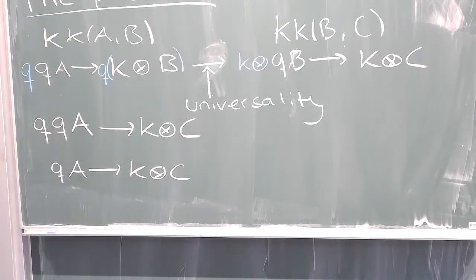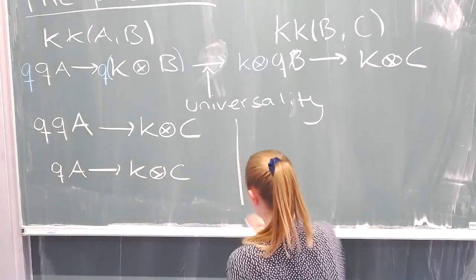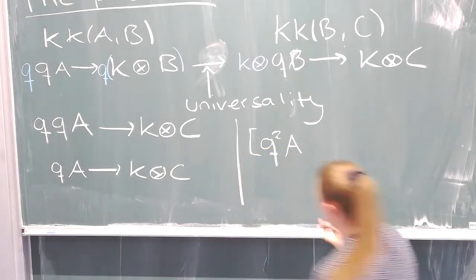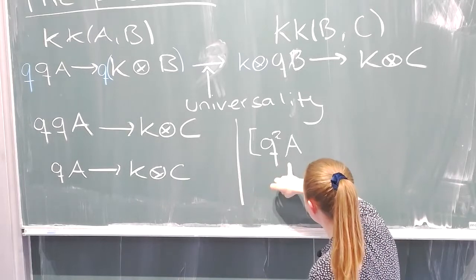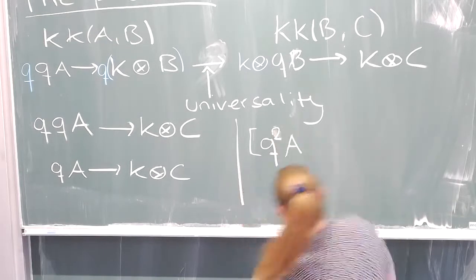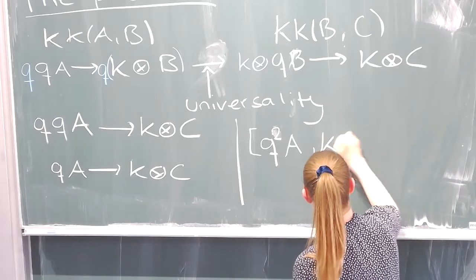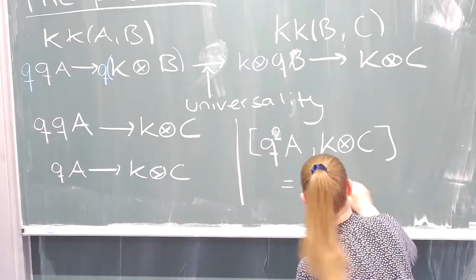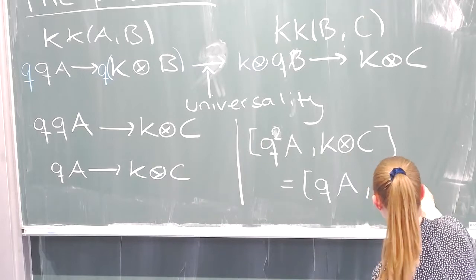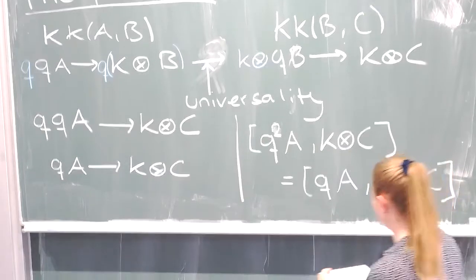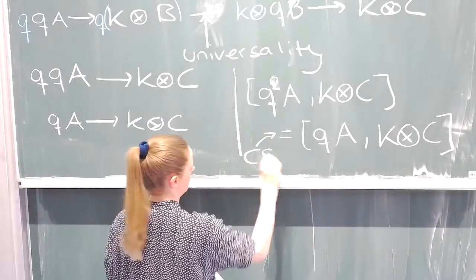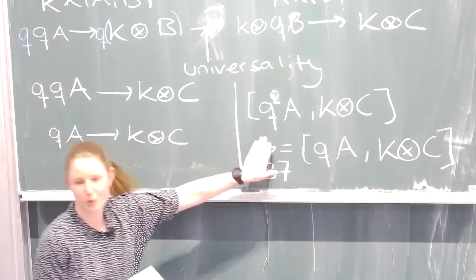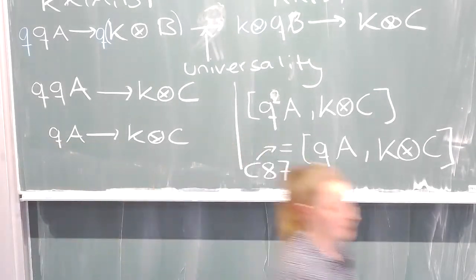And here, what Cuntz showed is that the class of maps from Q squared of A to K tensor C is the same as the class of maps from QA to K tensor C. And this part here requires some work.